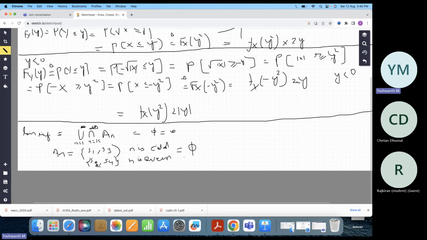So if I put S1 instead of S2 here, what do you think this will turn out to be? After doing all this operation, unions and intersections, what do you think you'll get?